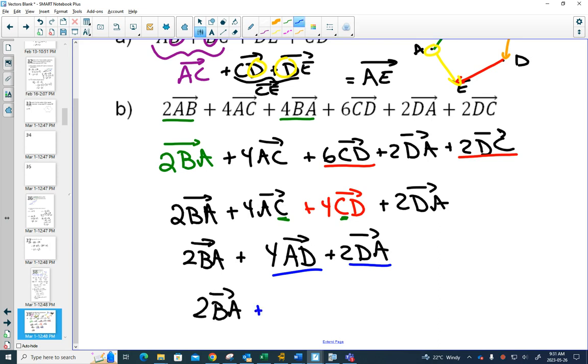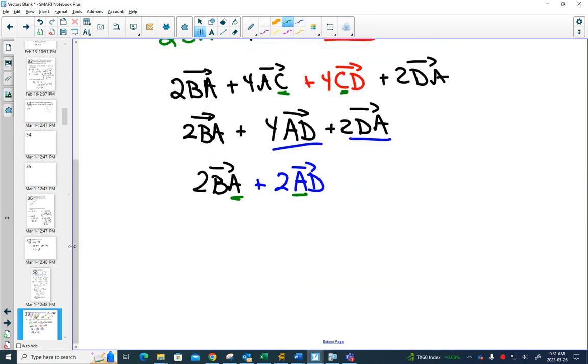So that would just be 2 ADs in the end. Now those match up, and there's 2 of those and 2 of those. So all of that traveling, and you could have just got there so much quicker if you just started at B and went to D 2 times.